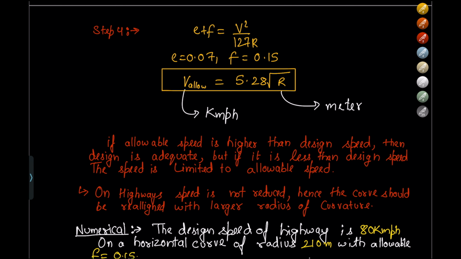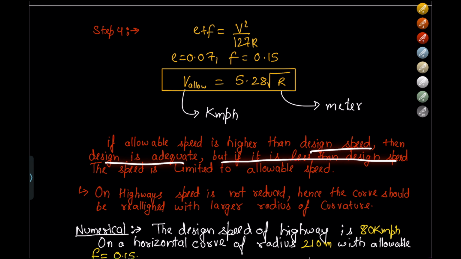If allowable speed is higher than the design speed, then the design is adequate, but if it is less than the design speed, the speed is limited to the allowable speed. On many highways, the speed is not reduced and the curve should be realigned with larger radius of curve.